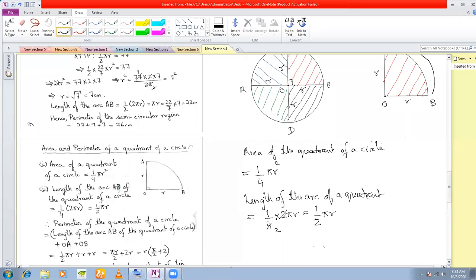Now we talk about the perimeter of a quadrant of a circle.